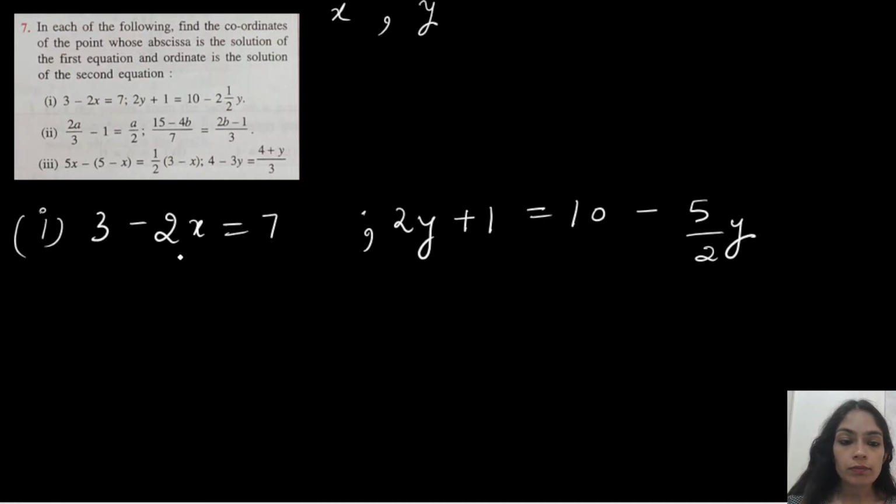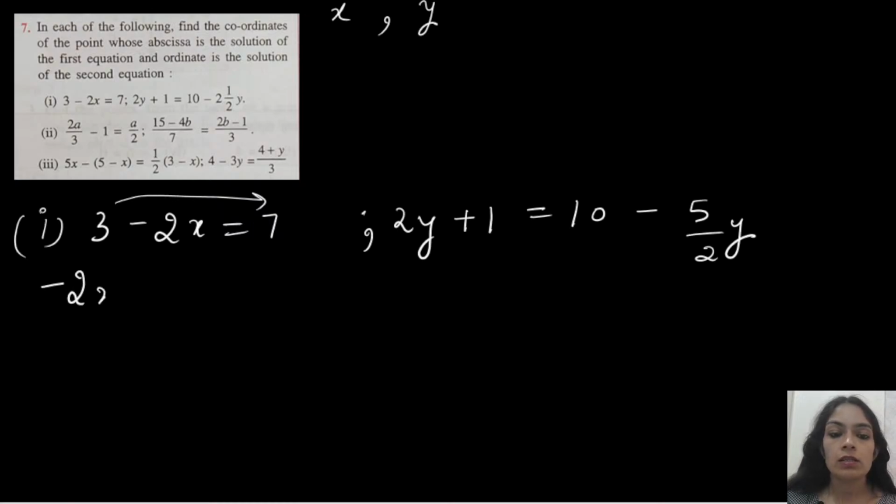Let us also solve. So from the first equation I will get the value of x. Let's shift 3 to the other side. Normally the way we solve a linear equation, the same way we will solve. We keep x on this side, everything other than x will shift to the other side. So negative 2x I am keeping this side, and positive 3 when shifted to the other side becomes negative 3.